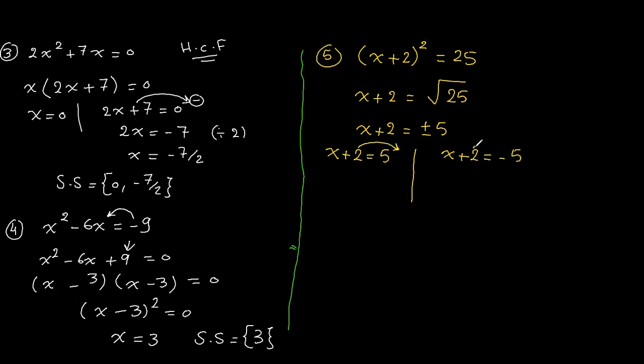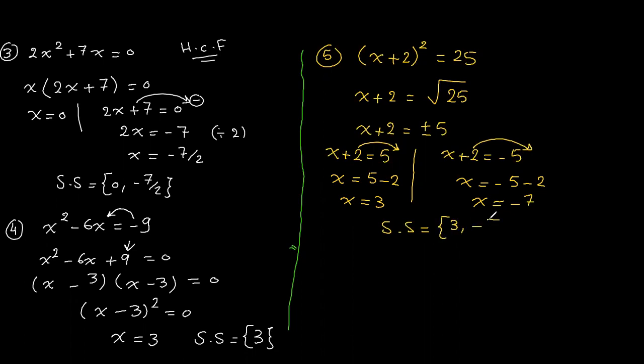By moving to the other side, x equals 5 minus 2, x equals negative 5 minus 2. So x equals 3 and on the other side x equals negative 7. So we have two solutions here. The solution set is {3, negative 7}.